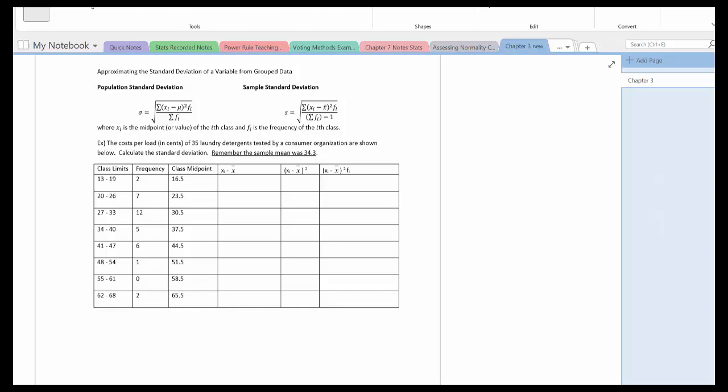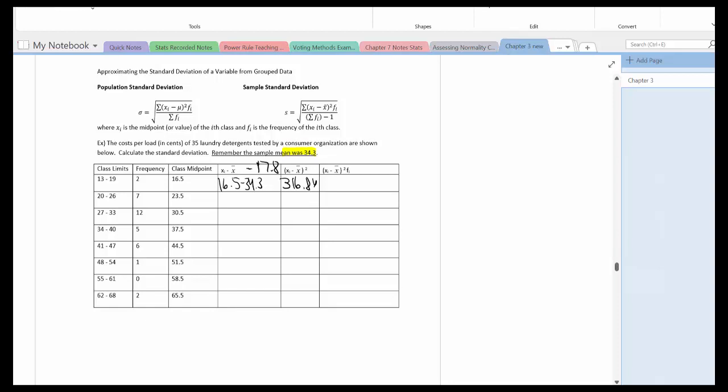So let's take a look at the very first row here. We know, thanks to what we've done earlier, the mean is 34 3/10. So again, it would be the class midpoint minus the mean. That's negative 17 8/10. Squaring it would give us this.